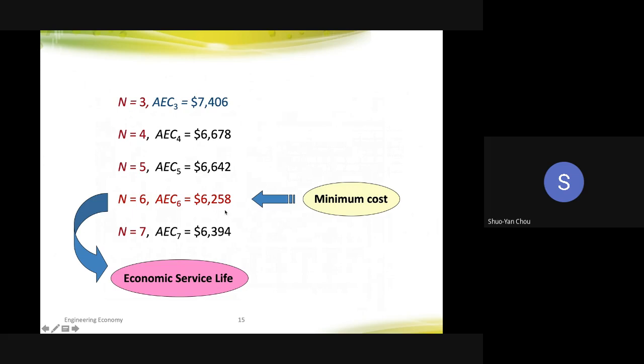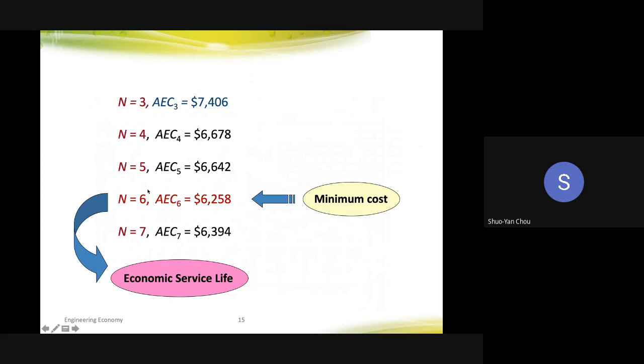So every 6 years we replace the machine, even though we haven't exhausted the usage of the machine, based on all the cost information, net cash flow information, and we assume that such a situation will repeat. The cash flow will be recurrent.